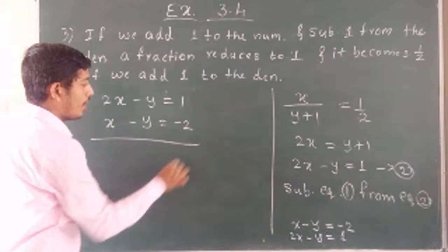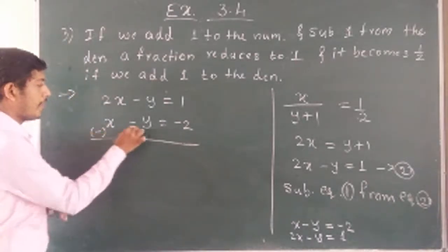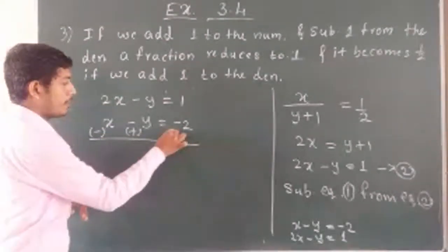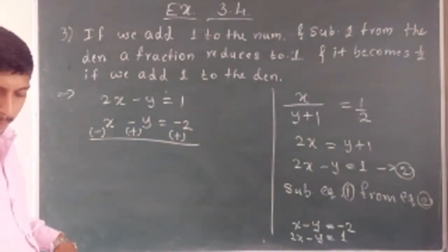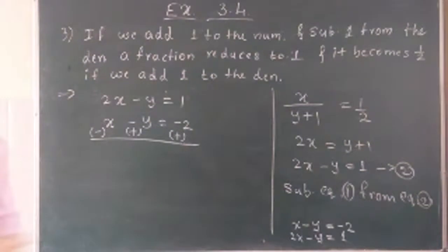Now we have to subtract. The signs change: minus becomes plus, and minus becomes plus. Now just eliminate and tell me the answer. So what we have to do here? We have to eliminate the value of y.